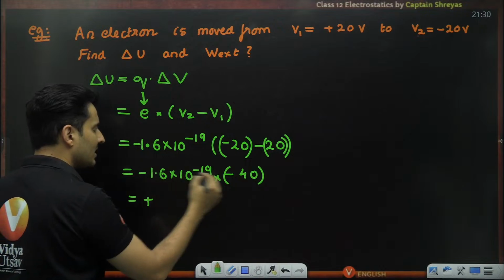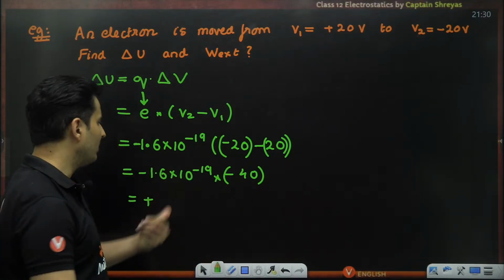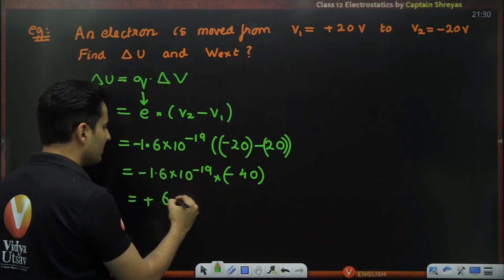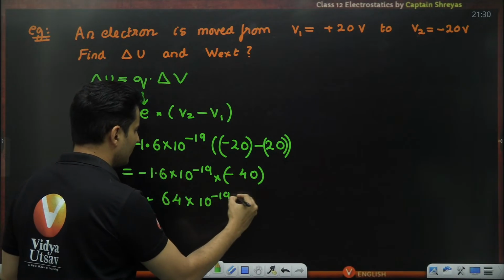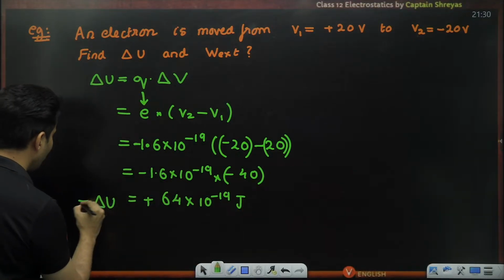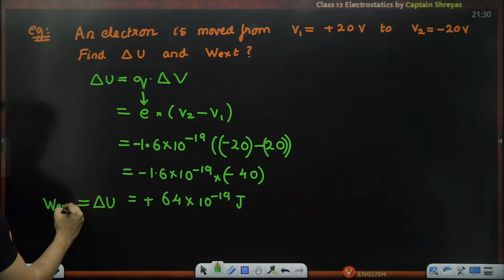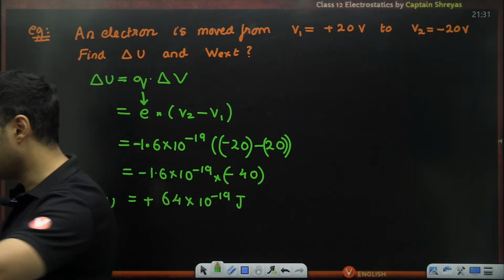So 1.6 fours are, how much is it? 1.6 into 4 will become 6.4, so it is 64 into 10 to the power minus 19 joules. That is the change in the potential energy, which also is the work done by the external force.